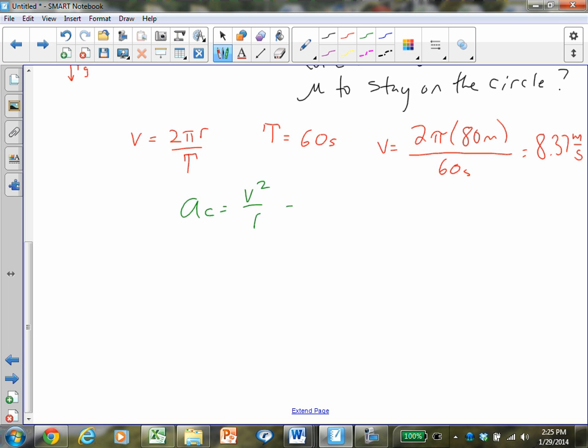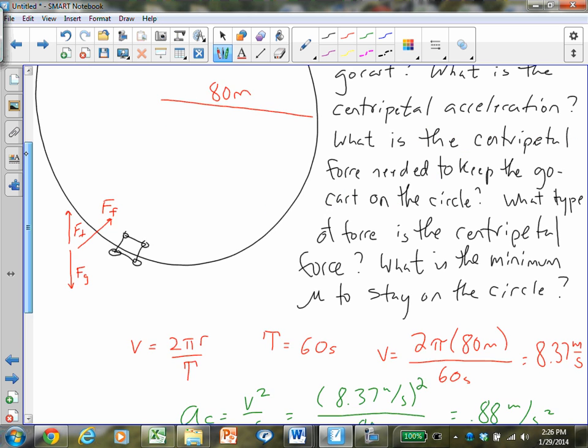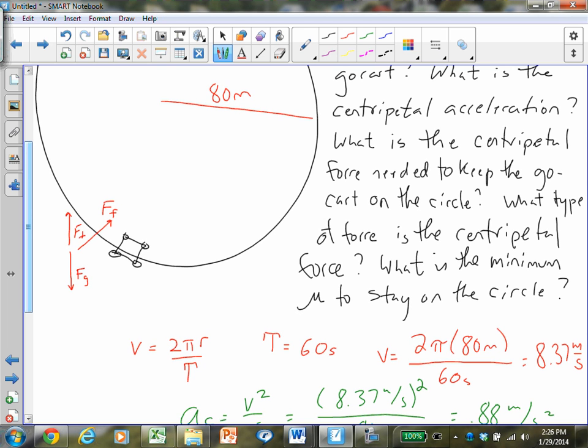And AC is V squared over R. .9, that's my guess. .88. That's our AC.